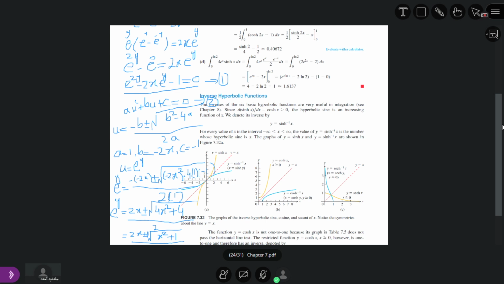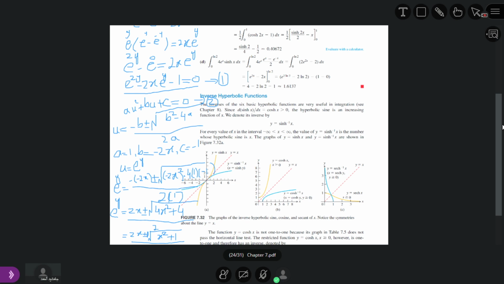For this, we put y is equal to sine hyperbolic inverse x. After that we shift sine hyperbolic inverse x to the other side, and that becomes sine hyperbolic y equal to x.